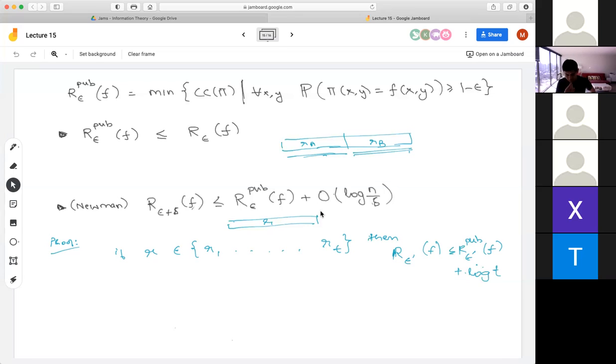And this is because Alice can sample a number between 1 and T and send that number to Bob. And now they both know which random string they're talking about out of these T strings, and they're good to go. So they both know this shared randomness, and they can run their public coin protocol.